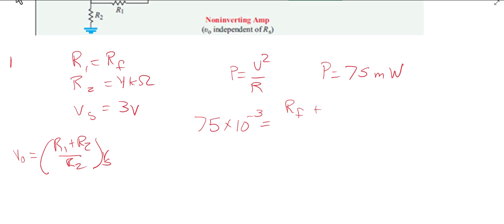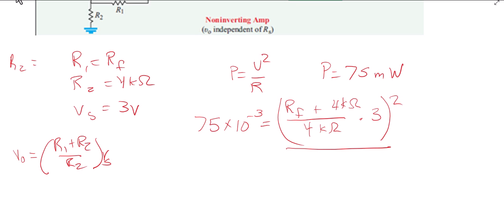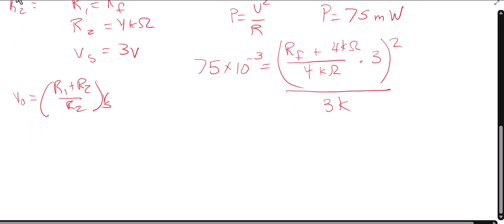So that's RF plus, and what was R2? I wrote that, 4 kiloohms, plus 4 kiloohms over 4 kiloohms times 3, and all that squared over the resistor that we're going through, which they told us was 3K.